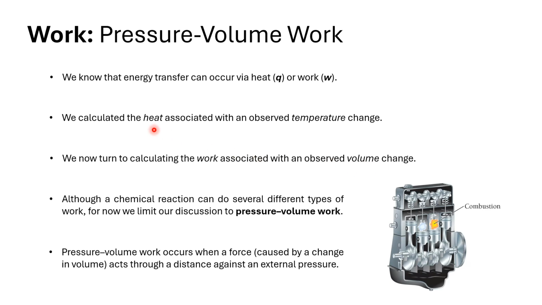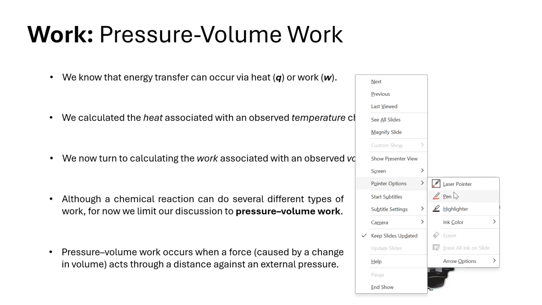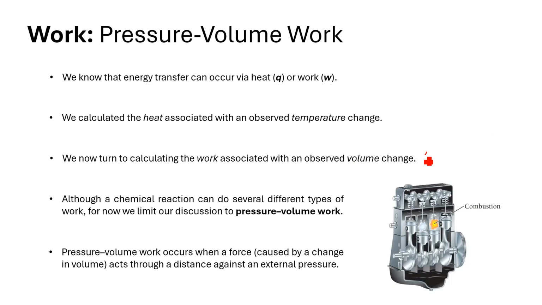So if we want to calculate heat, we look at a temperature change, delta T. If we want to calculate work, we need to see some sort of volume change, aka delta V, a change in volume. But if I want to calculate work, I need to figure out how the volume changes. We're going to talk about why the volume matters so much.